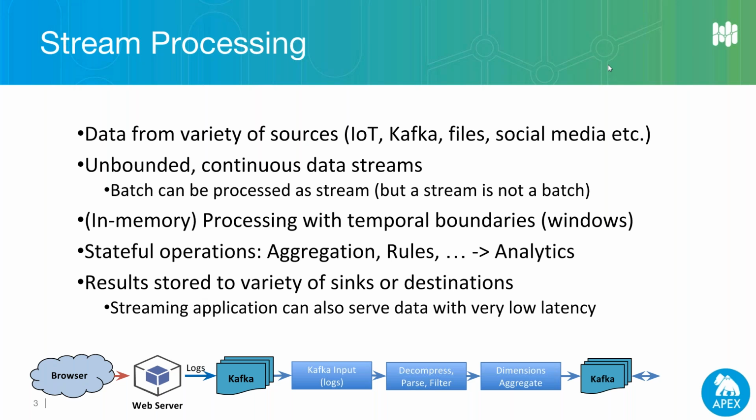So these three boxes represent operators or logical building blocks that you can write, and this is how we process the data, and towards the end we see that we are pushing the data back to Kafka. Obviously in the picture I've shown Kafka, but you can replace it with a file system or a database, whatever your choice of source or sink is.